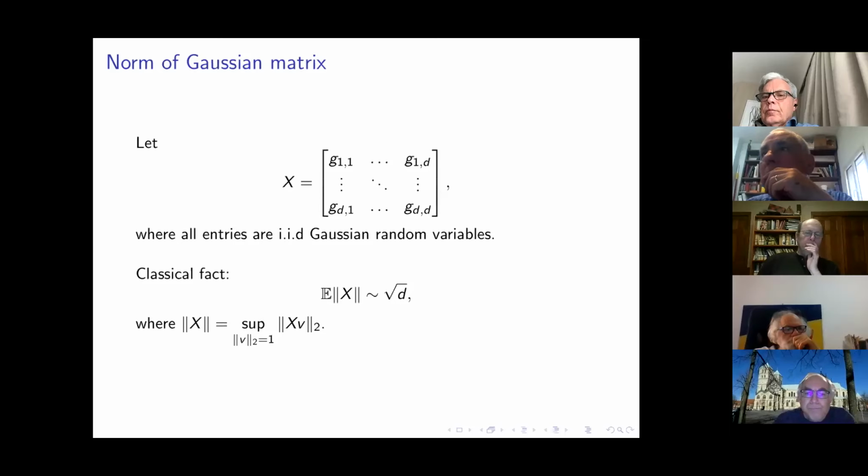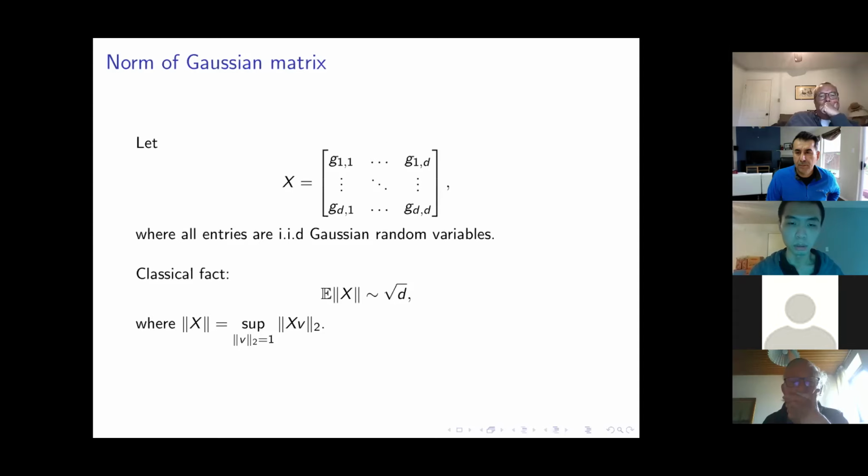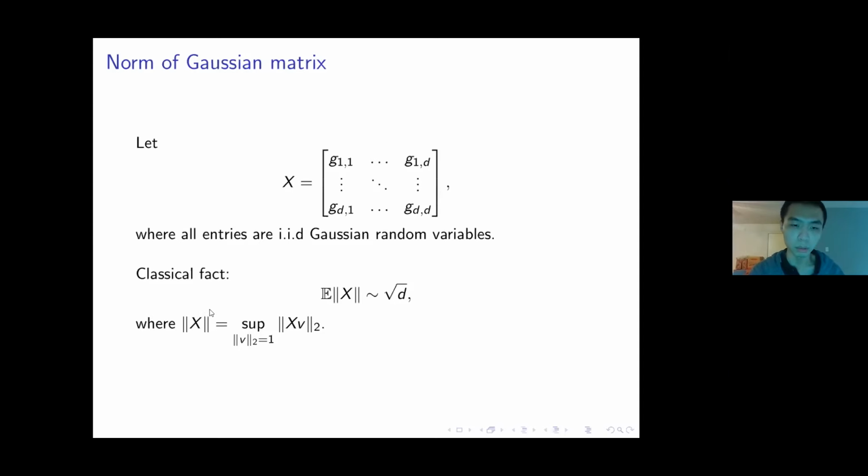Let's look at one of the simplest cases, when all the entries are IID rather than jointly Gaussian in general. In that case, this is a classical fact: the expected spectral norm, that means this supremum, is of magnitude root D, where D is just the size of the matrix.